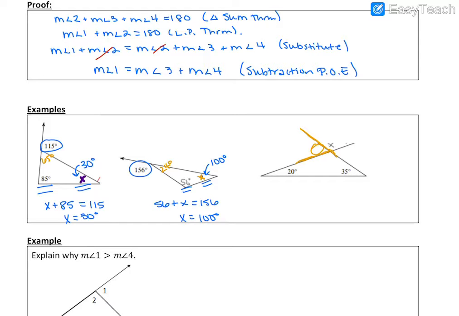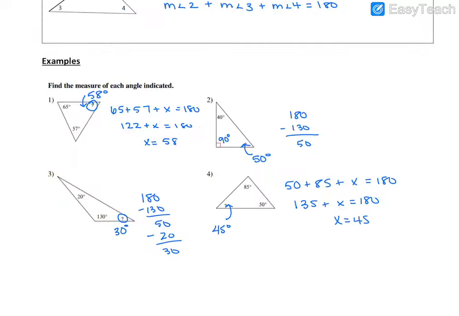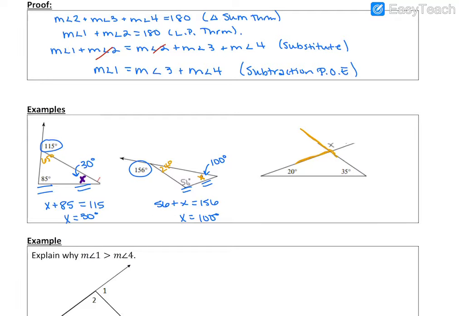So x, even though it is exterior to the triangle, is actually not an exterior angle. Instead, that is just a vertical angle with the third angle of this triangle.